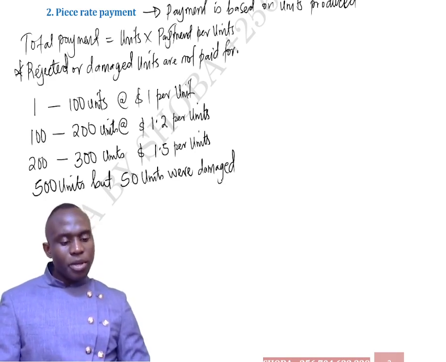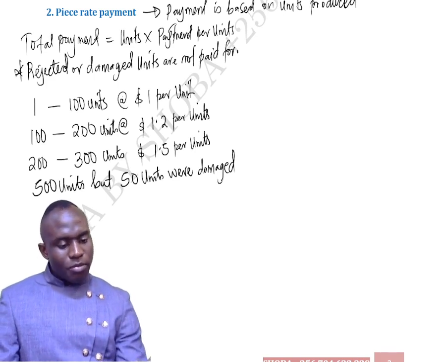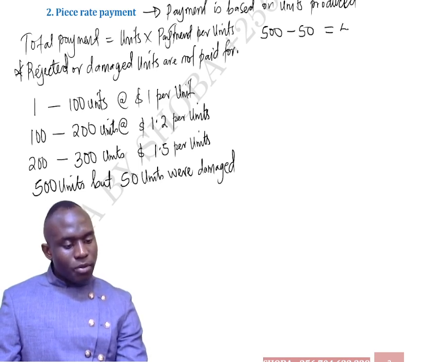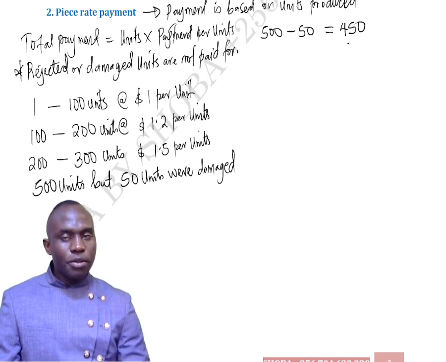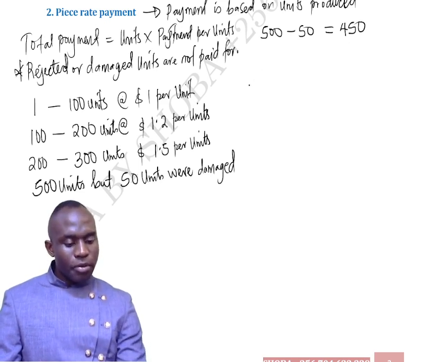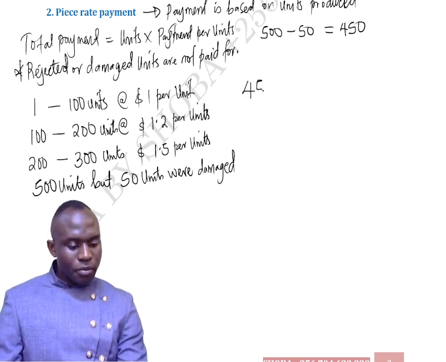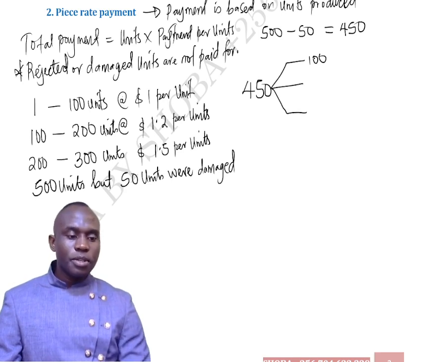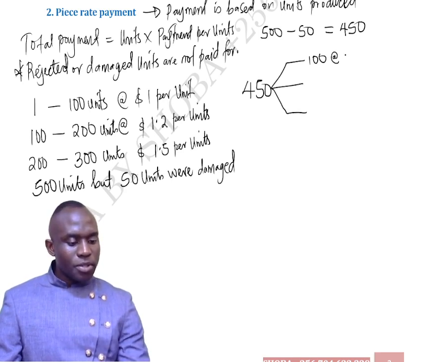Now the total payment is going to be this. First of all, it was 500, but 50 units were damaged. So the payment will only be for 450 units. Now the 450 units are divided into 3. For the first 100 units, the payment is $1 per unit.